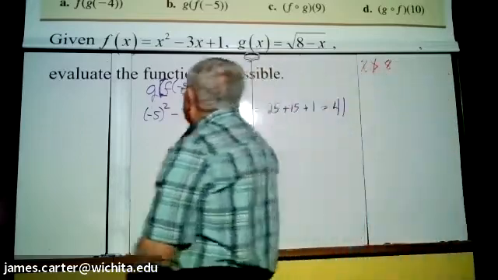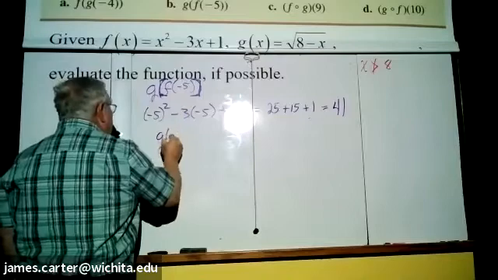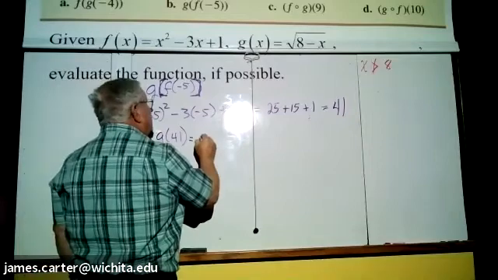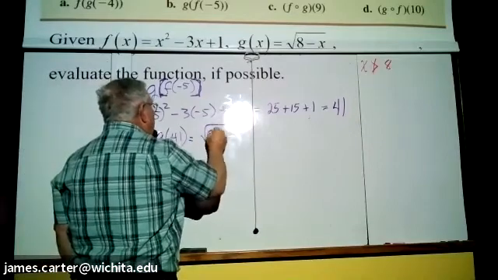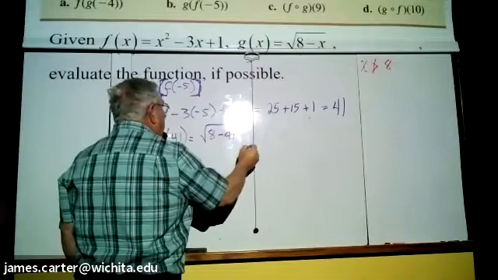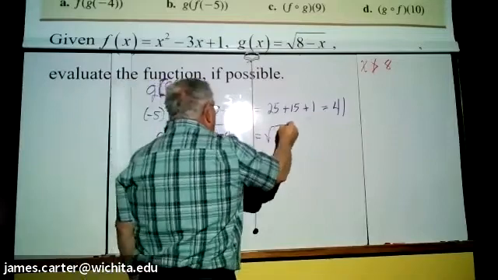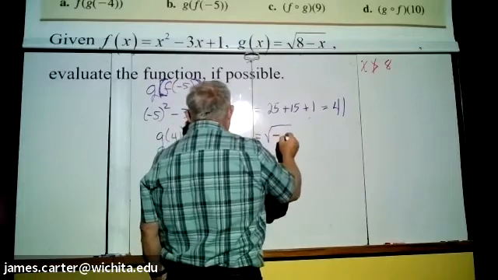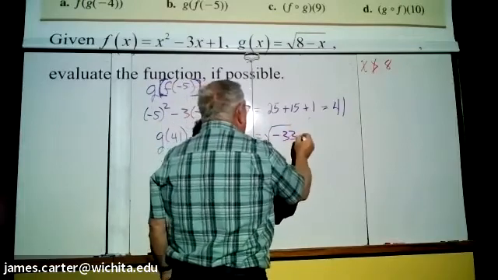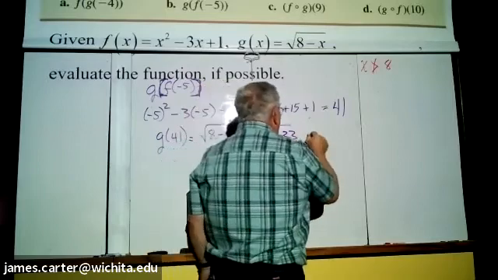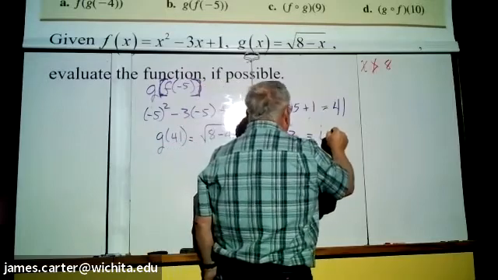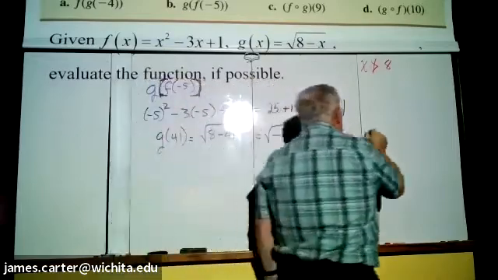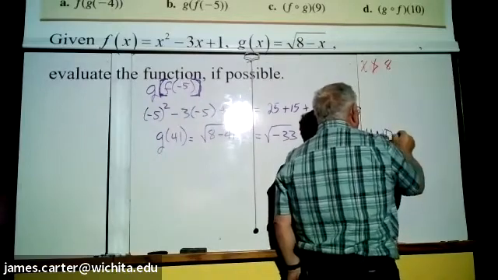So now we take G of 41, which is equal to the square root of 8 minus 41, which is the square root of negative 33, or simply undefined.